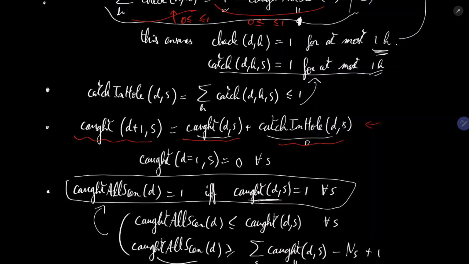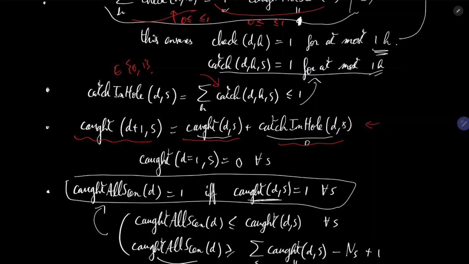So forcing code to be a binary variable ensures that catch in all will also be a binary variable. Additionally, forcing catch in all to be a binary variable, so only equal to 0 or 1, will also guarantee that this value, the catch, will also be binary.